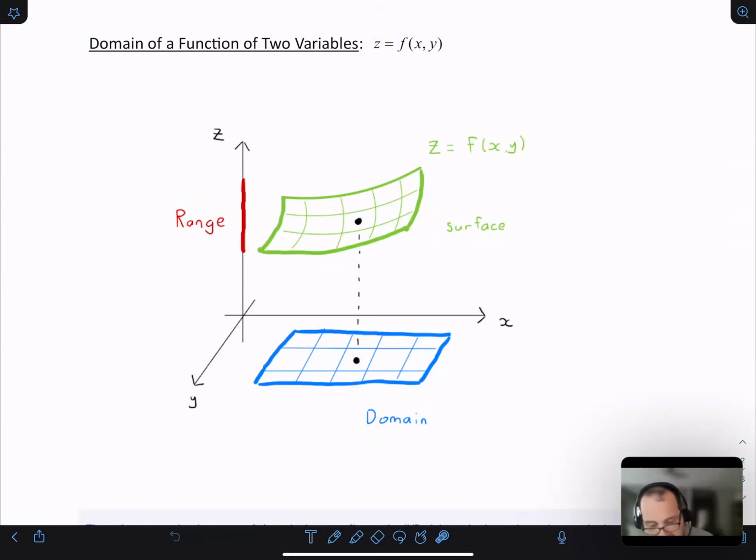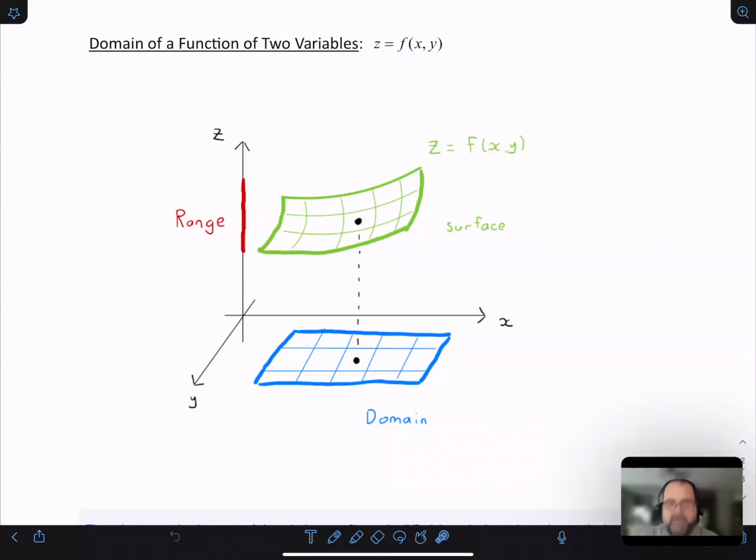We saw this when we did direction fields and slope fields, that it's kind of like putting a coordinate pair into our function. And of course, there are conditions under which the pair may or may not work. The coordinate pairs for x and y that work and give a well-defined output z are called the domain.